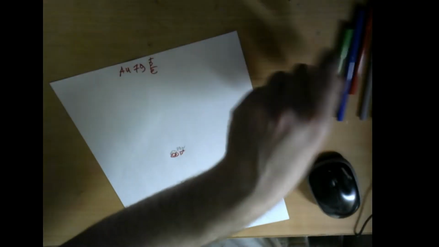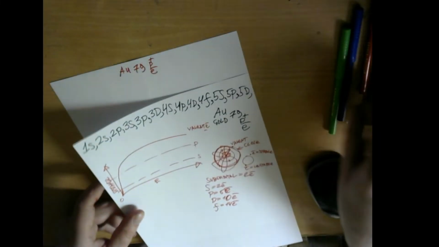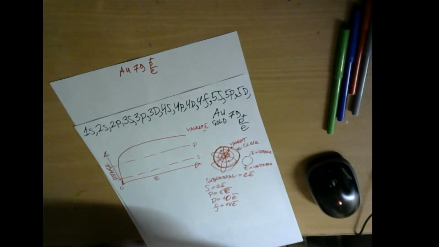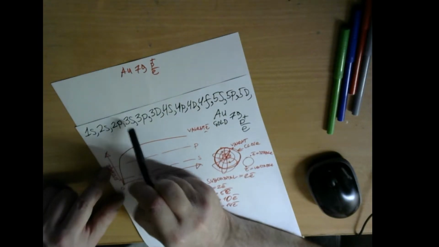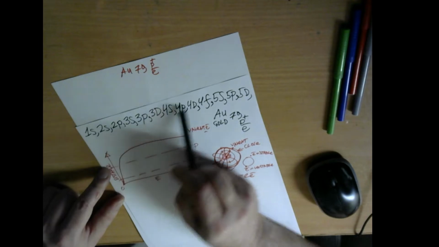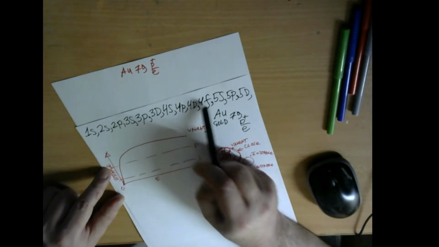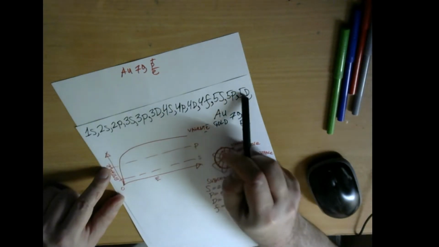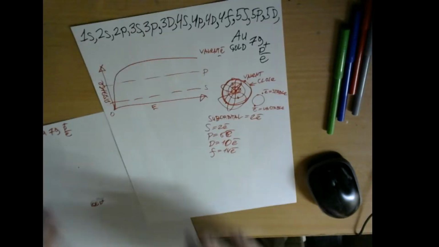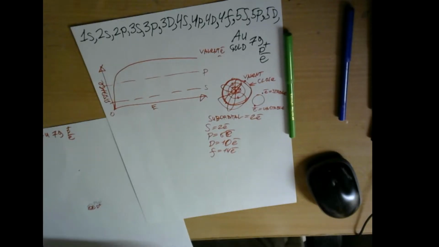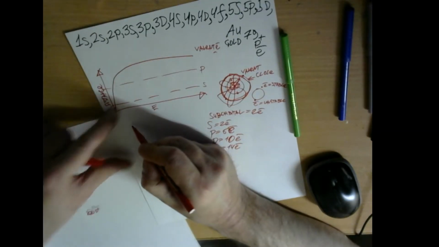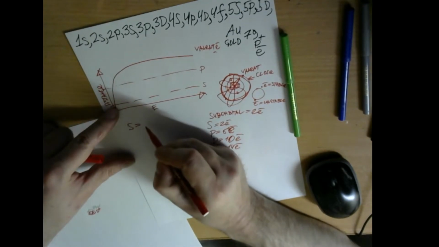And let's give you the formula for these orbitals: 1s, 2s, 2p, 3s, 3p, 3d, 4s, 4p, 4d, 4f, 5s, 5p, 5d. Actually, let's draw you the structure of orbitals. S means sphere.